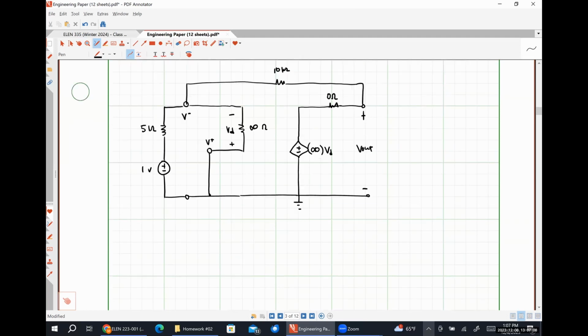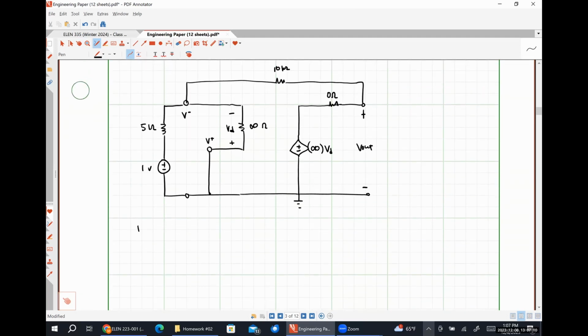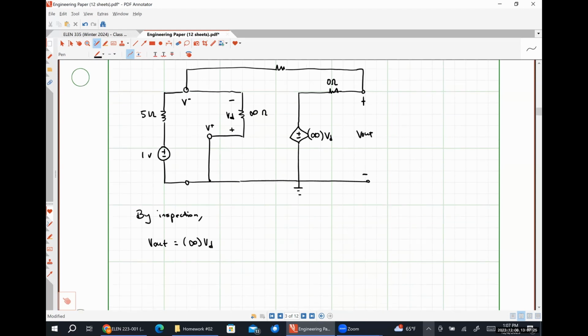So by inspection, V out is equal to infinity, our voltage gain, times our differential voltage, VD.